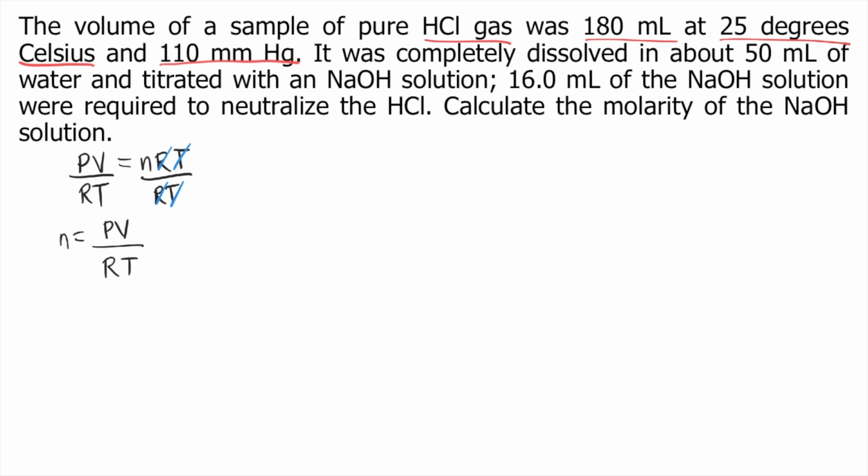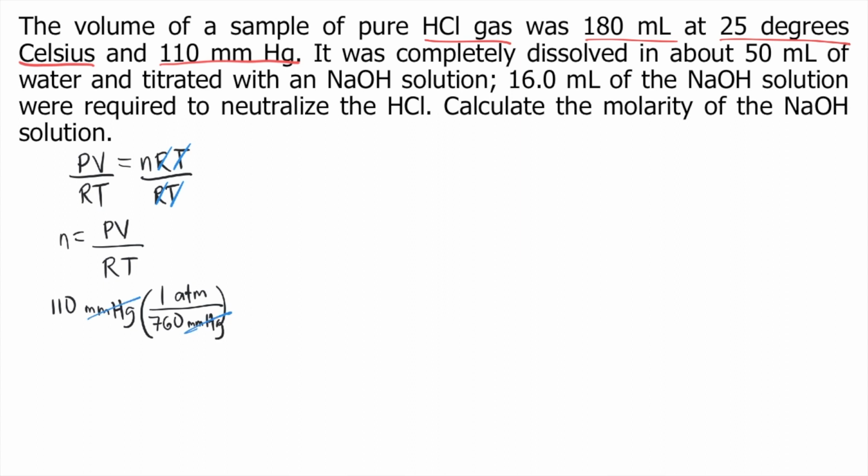Now let's substitute the values. The pressure according to the problem is 110 mmHg, but we need to convert that first into atm. How do you convert 110 mmHg to atm? We know that 1 atm is equivalent to 760 mmHg.